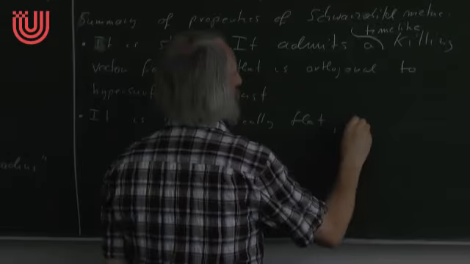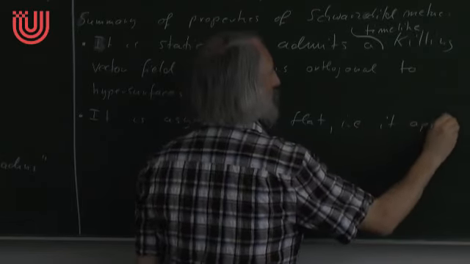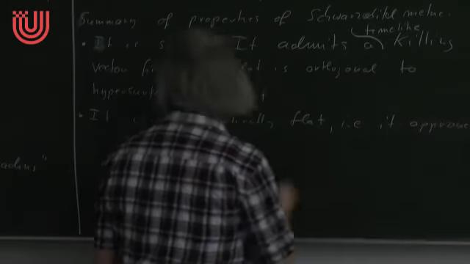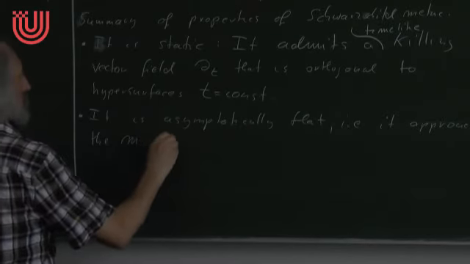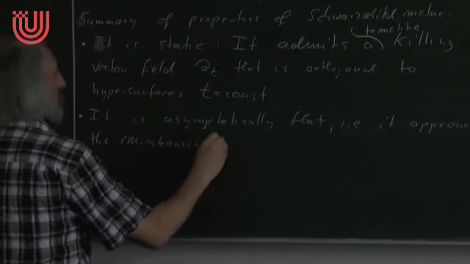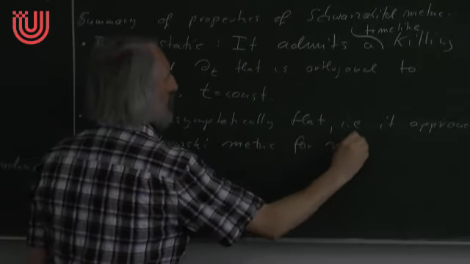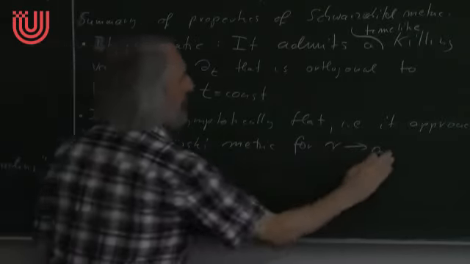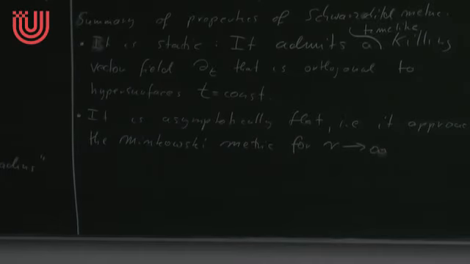This means it approaches the Minkowski spacetime, or the Minkowski metric, the spacetime of special relativity, for r to infinity. We already used this when we discussed the Newtonian limit.